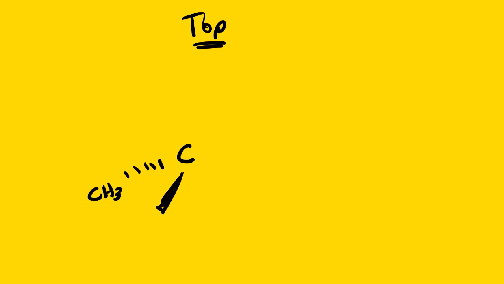So if it attacks from the top, we are going to have a product like this. Remember, this is a retention of configuration. CH2, it's actually CH3, 2 here.